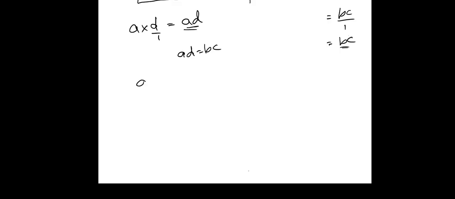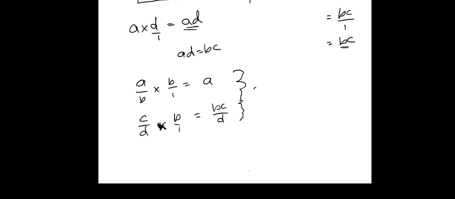So we had A over B, we multiplied that by B over 1, and we got A. We had C over D, we multiplied that by B over 1, and we got BC over D. Then I multiplied both sides of this by D, and A times D is AD.